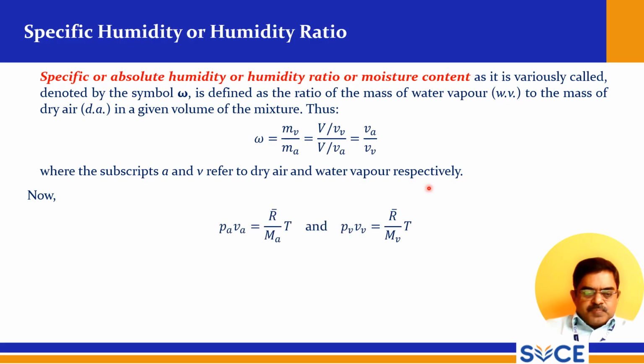Now PaVa equals R by Ma times T, and PvVv equals R by Mv times T. This is for dry air, and this is for vapor.